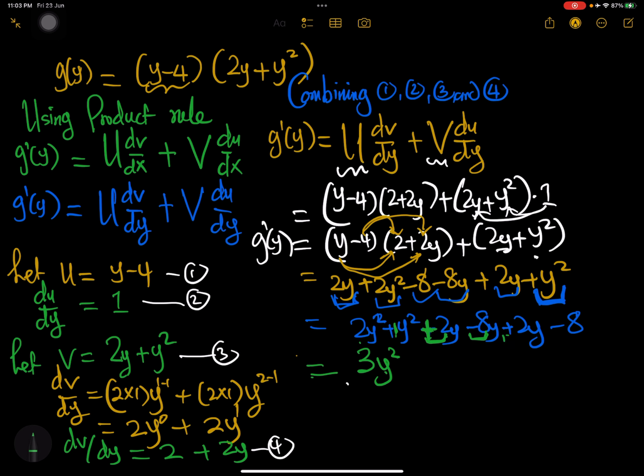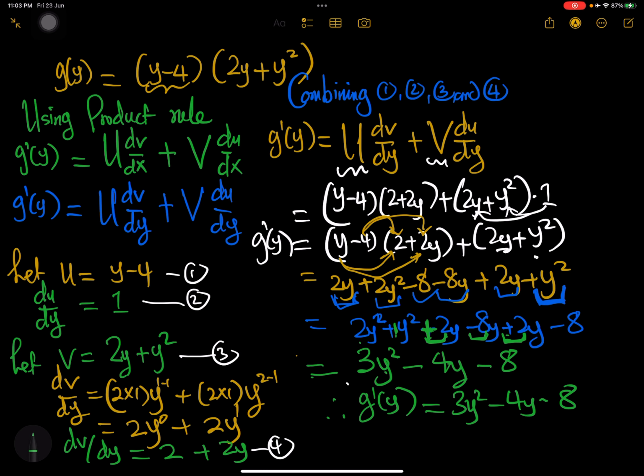And we also have another 2 in another wallet, which is ours, plus 2. So what we owe is 6, we're going to pay 2, and we end up owing 4. So it's going to be minus 4y minus 8. We can say that therefore, g prime of y is equal to 3y squared minus 4y minus 8. I hope the product rule came out clearly for you.